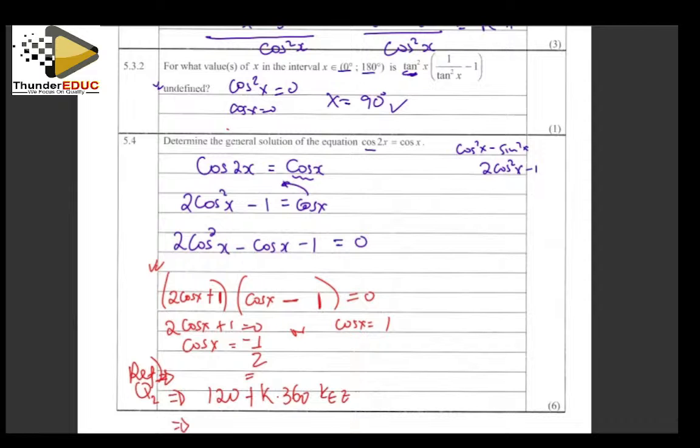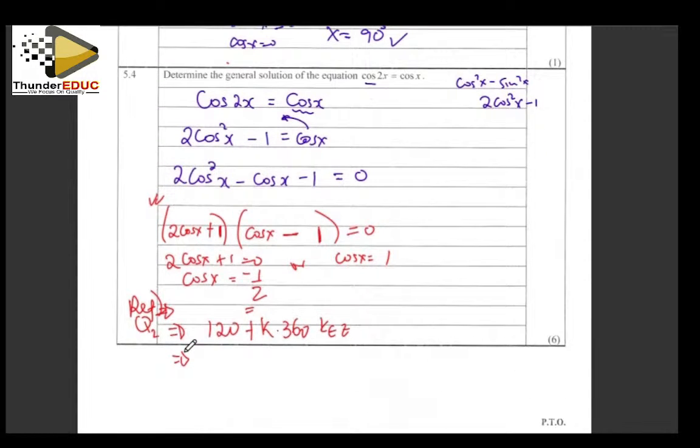And which other quadrant is this negative? Quadrant 4. Quadrant 4 is going to be 300, because it's 360 minus 60. So 300 plus k times 360, k is an element of integers.